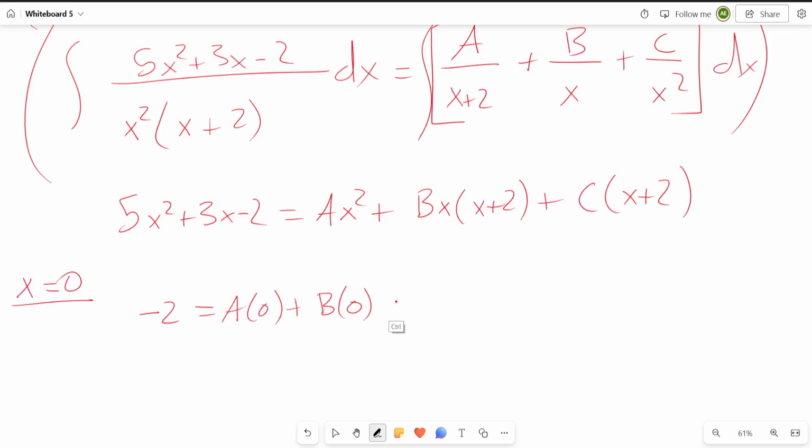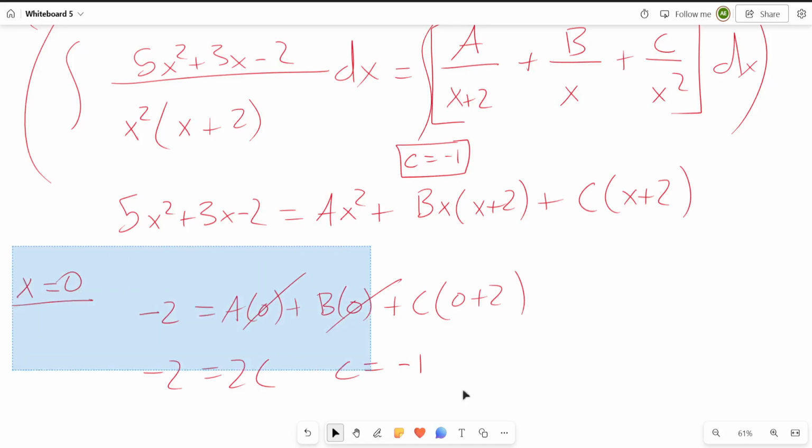Anything times 0 is basically 0. Plus c times 0 plus 2. So minus 2 equals, this cancels, 2c. So this gives a c value of minus 1. So we can rewrite over here that c equals minus 1.